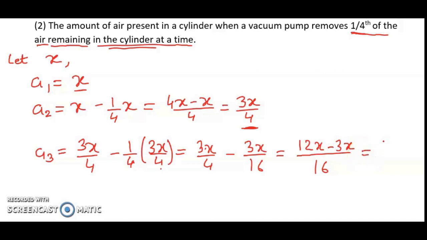So the amount of air present in the cylinder will be 9x by 16. So here we get the first term x, second term 3x by 4, and the third term 9x divided by 16.